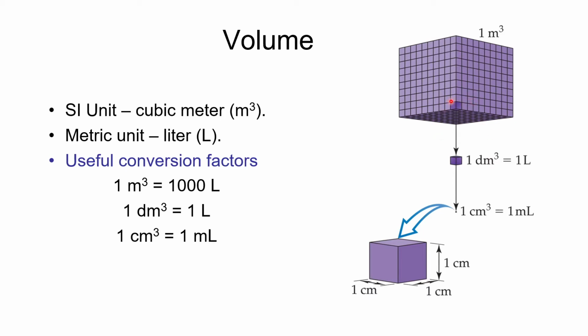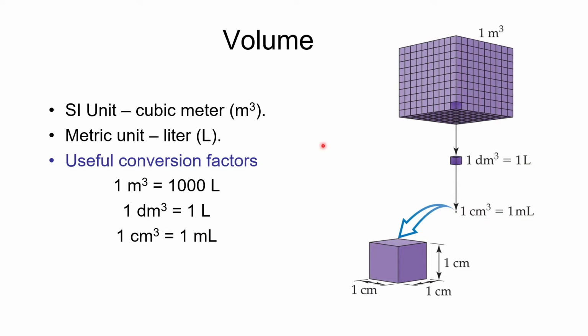If you look, 1 cubic decimeter, a deci is 1/10. So if you have a box 1/10 of a meter by 1/10 of a meter by 1/10 of a meter, so 1 decimeter cubed, that's equal to 1 liter. That's a useful conversion. And then 1 cubic centimeter is equal to 1 milliliter. That's also a useful conversion.